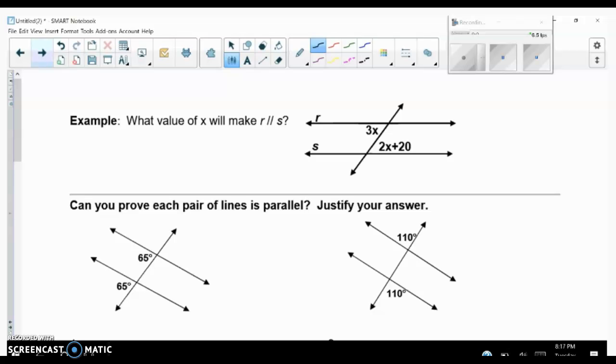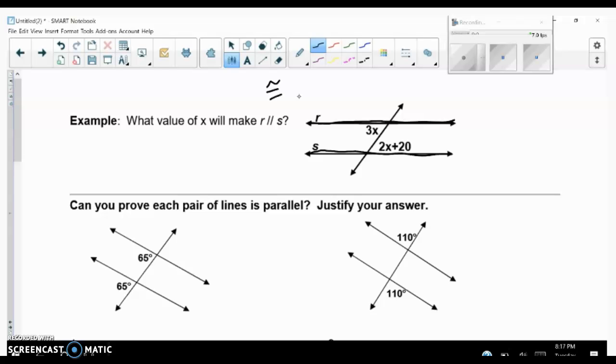You'll see in some of the examples that we do in a little bit why that doesn't quite work for vertical angles and linear pairs. The thing is that vertical angles and linear pairs are always congruent or supplementary, and it doesn't matter whether or not the lines are parallel. So let's take a look here.